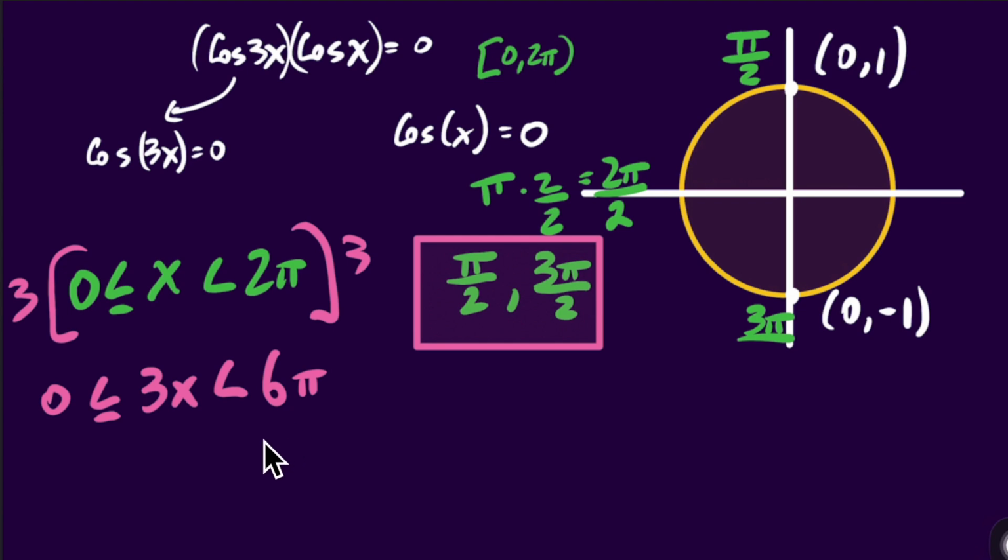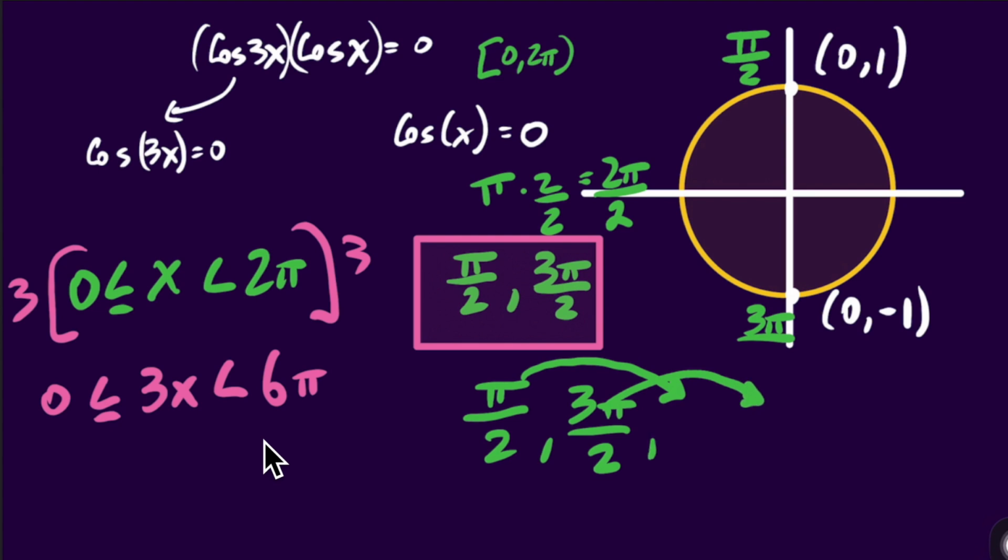So that means we're going to have to set 3x equal to pi over 2 and 3 pi over 2. Now folks, we're going to have to keep adding 2 pi to go around and around. All right. Now 2 pi in the world of 2's, to get into the world of 2's, we're going to multiply by 2 over 2, which is just 1, and we're going to get 4 pi over 2.